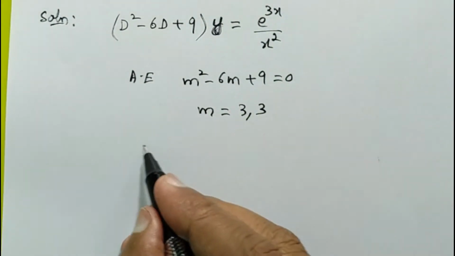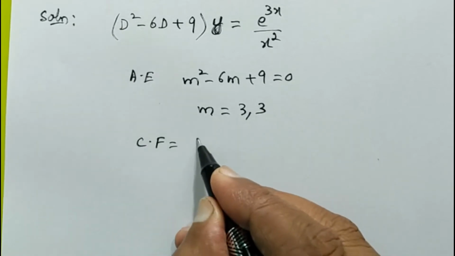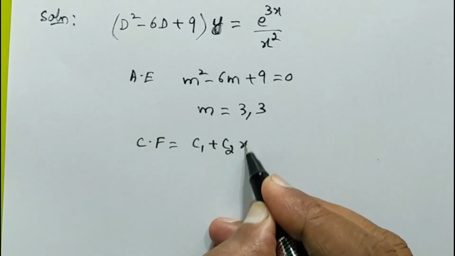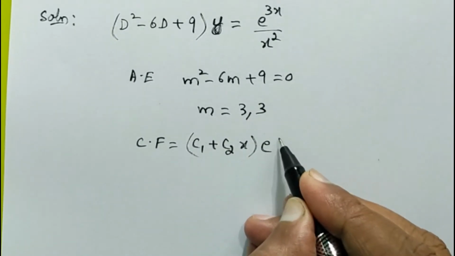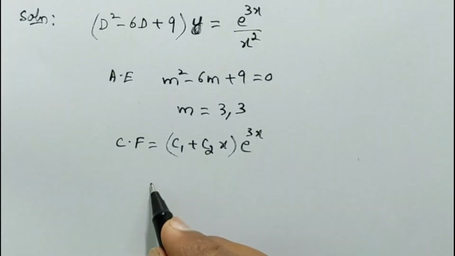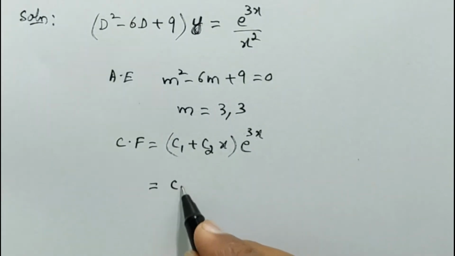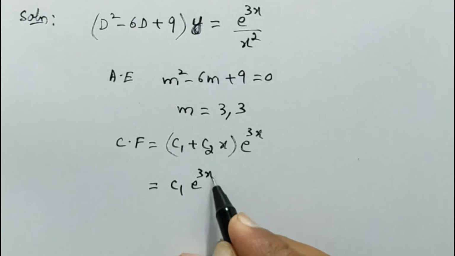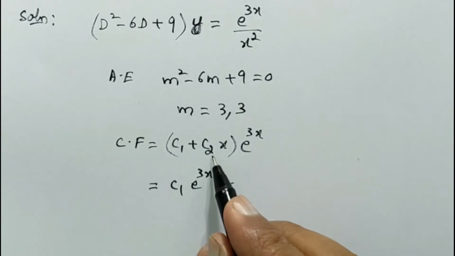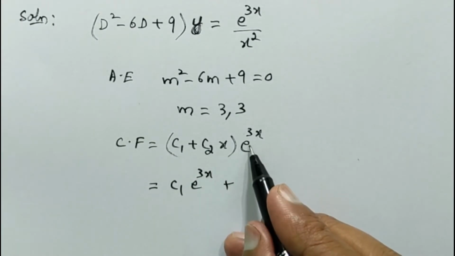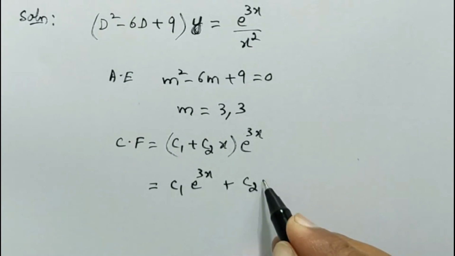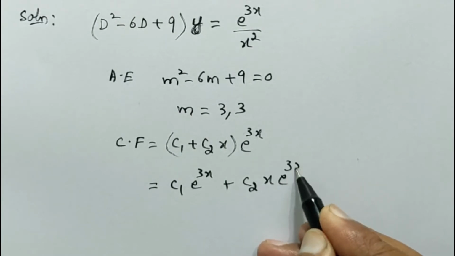So the complementary function will be c1 plus c2x into e power of 3x. Or you can further rewrite this as c1 e power of 3x plus c2x e power of 3x.